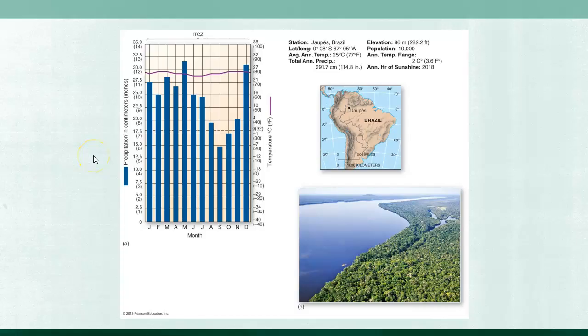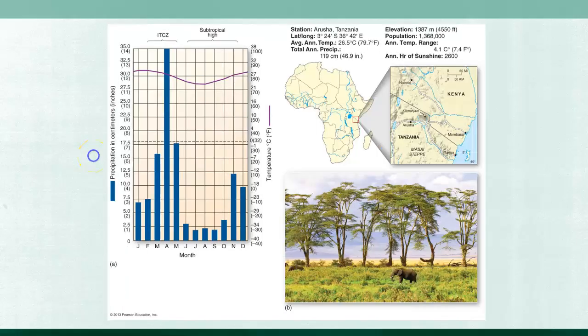We can compare Uapes, Brazil, to a tropical savanna climate. And here's a savanna climate that's shown in Tanzania. Usually these savanna climates are a little bit to the north or a little bit to the south of the equator, depending on the particular one that we're looking at.